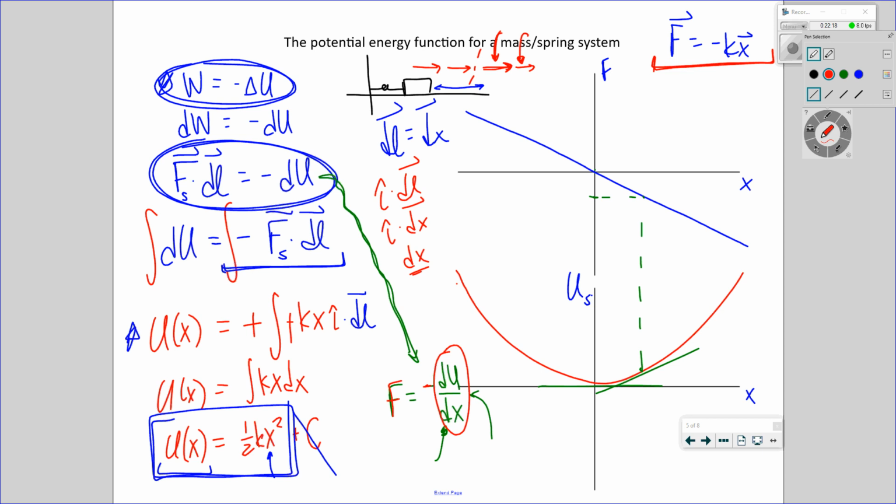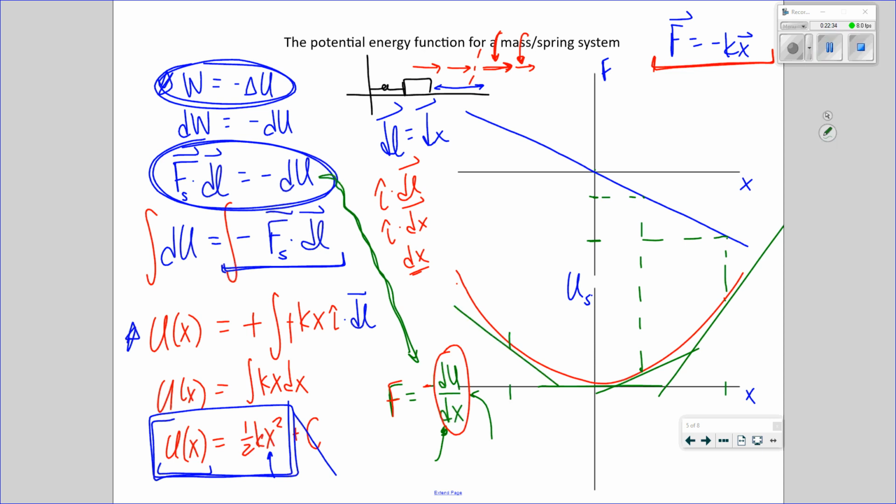That's what force is. Later at this position, we get a bigger positive slope. Well, that corresponds to a bigger negative force. And the same thing happens over here. Here's a medium size negative slope. Well, that means a medium size positive force.